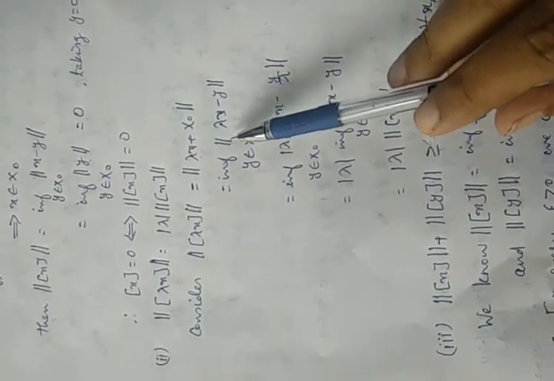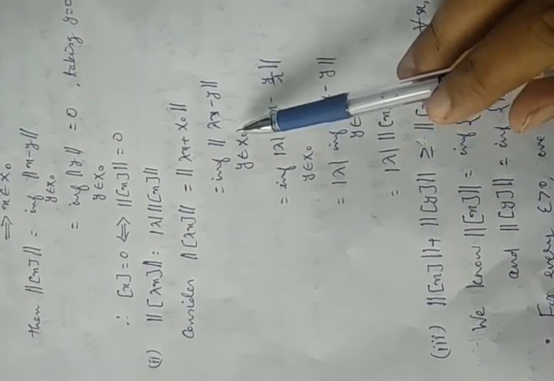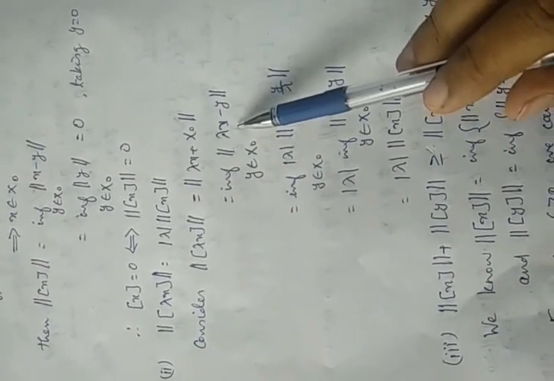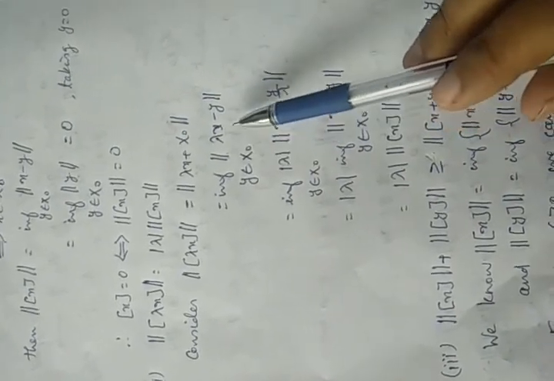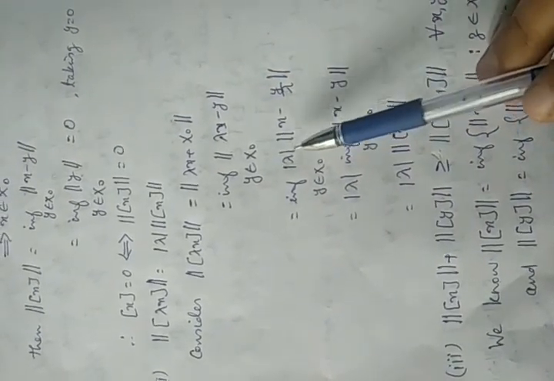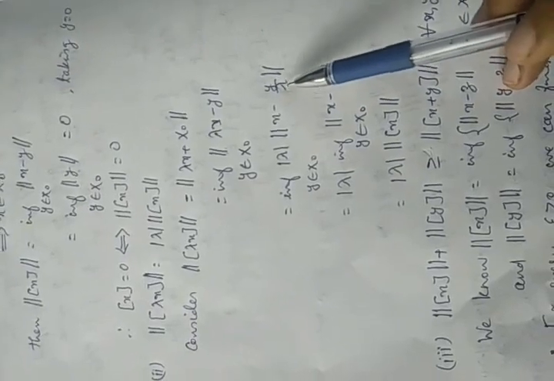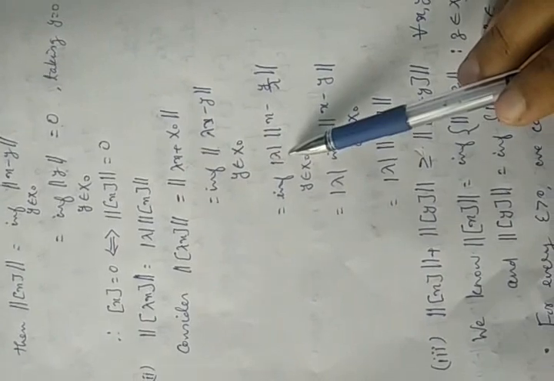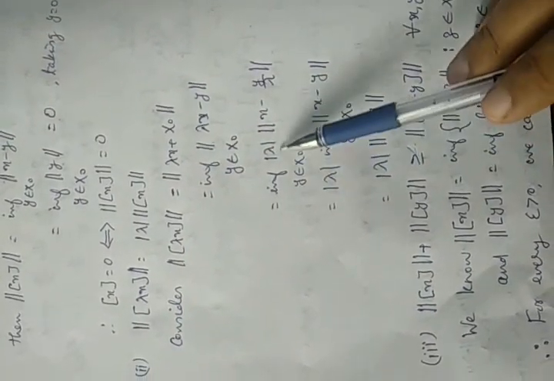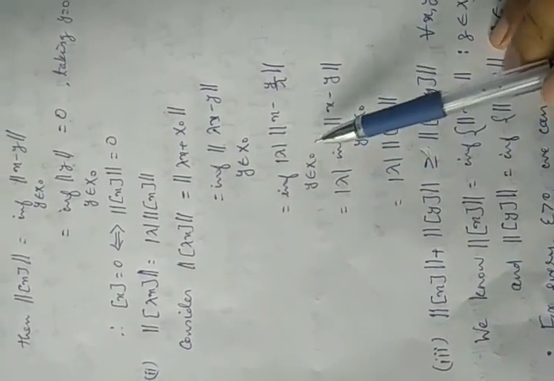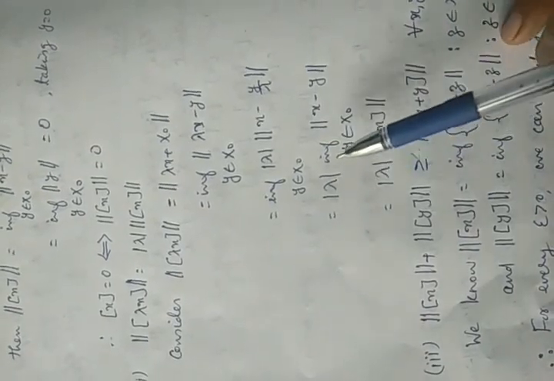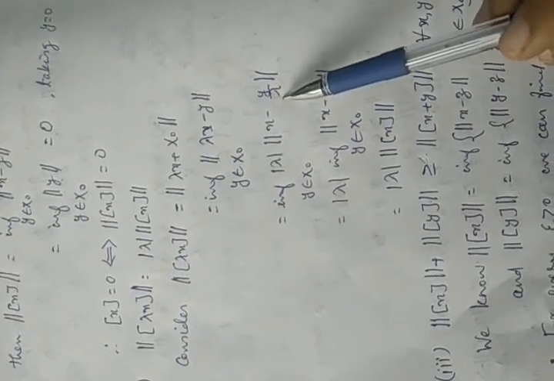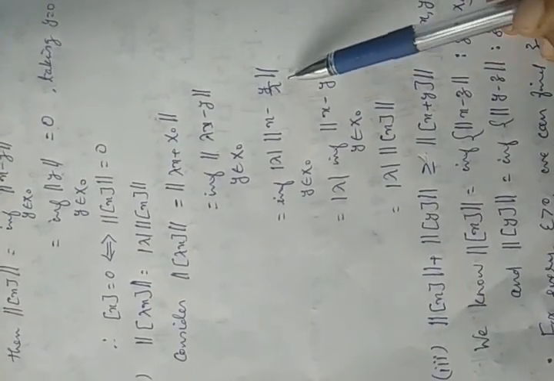Now this norm is a norm defined on the space x. So here we take the scalar lambda outside, and we get mod lambda times the norm of x minus y by lambda. Again we can take the term mod lambda outside because it is independent of y in x naught. So mod lambda times the infimum of norm of x minus y by lambda.